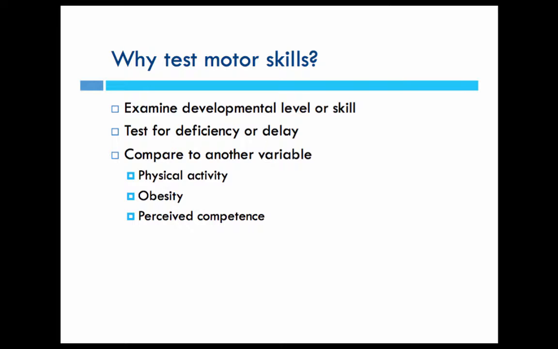The motor skills tests also have implications for other aspects of health and physical activity, as based on these tests, we can draw conclusions and comparisons to other variables. Specifically, research has shown relationships between poor motor skill performance and reduced levels of physical activity, increased rates of obesity, and decreased perceived competence, which is how well a child thinks they can perform a task.